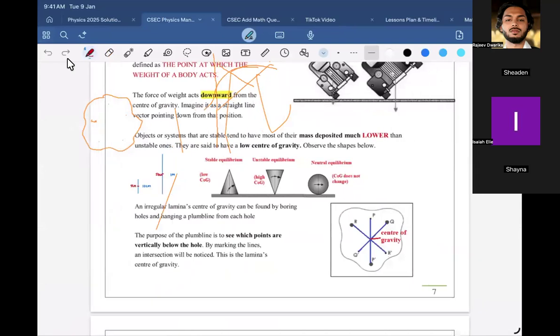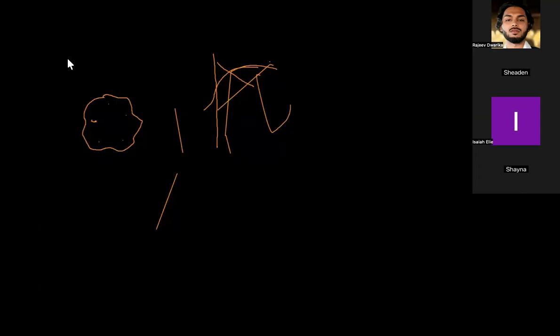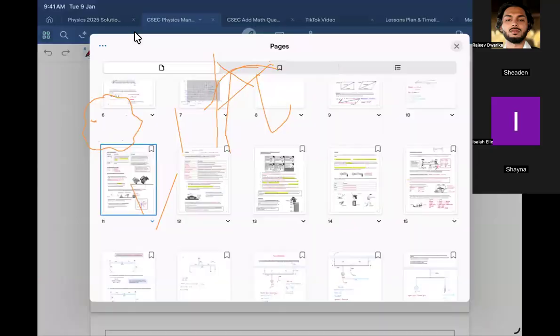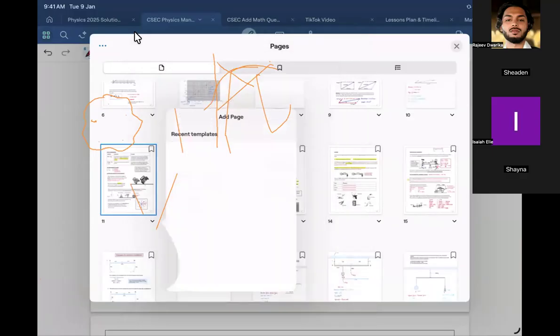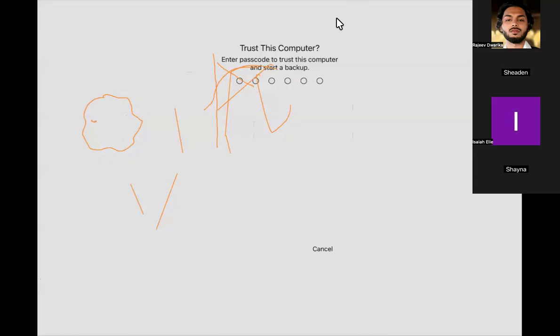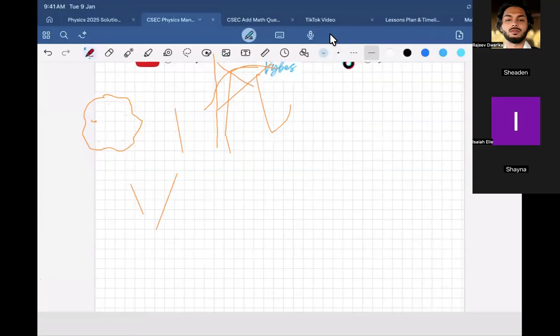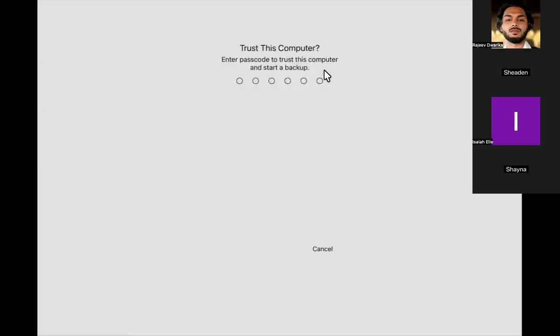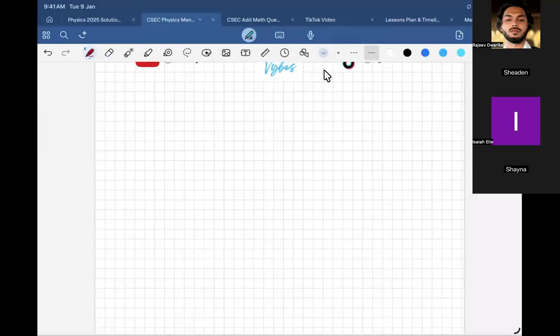Give me a moment. Can you all see my screen? Yeah or no? Wait, I just stopped sharing. Hope the issue gets resolved. So are you all seeing my screen? Yes, sir. Cool.